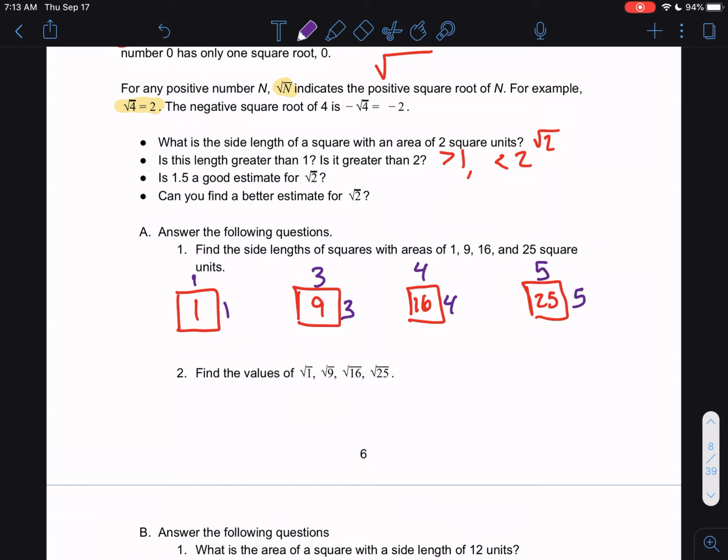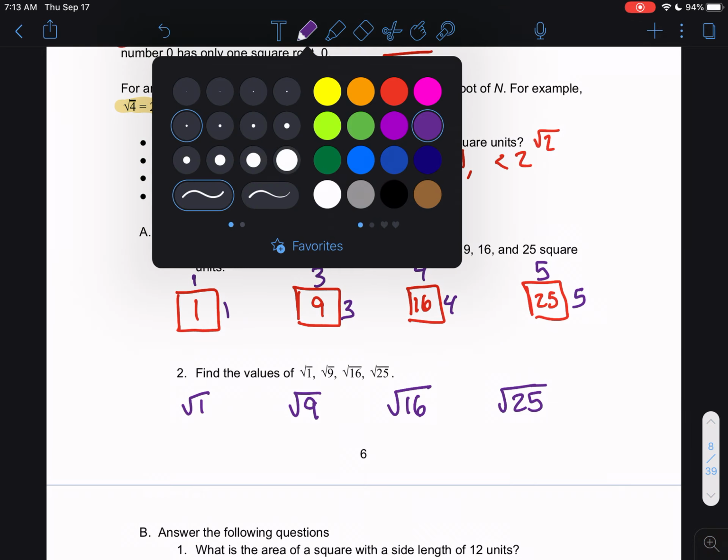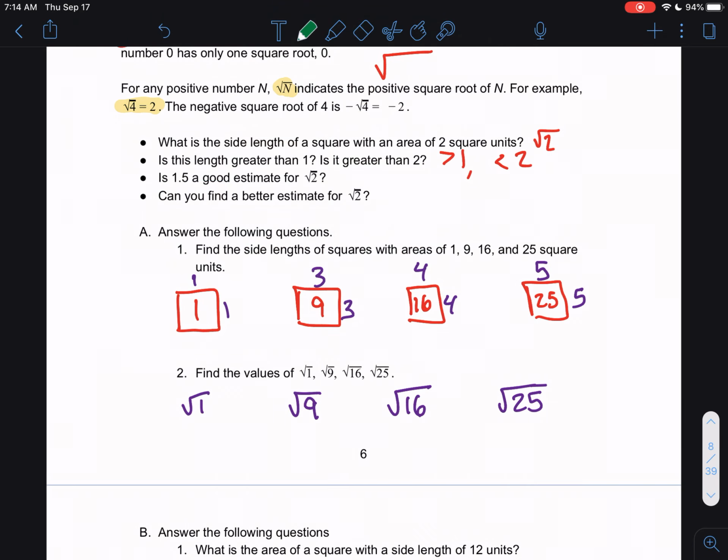Okay, so now we're going to take away that scaffolded piece of the area of squares, and we're just going to go right into, well, what's the square root of these? So I'm just going to write those first. So square root of 1, square root of 9, square root of 16, square root of 25. And then we already know the answers. We just did that. So the square root of 1 is 1. That's the easy one.